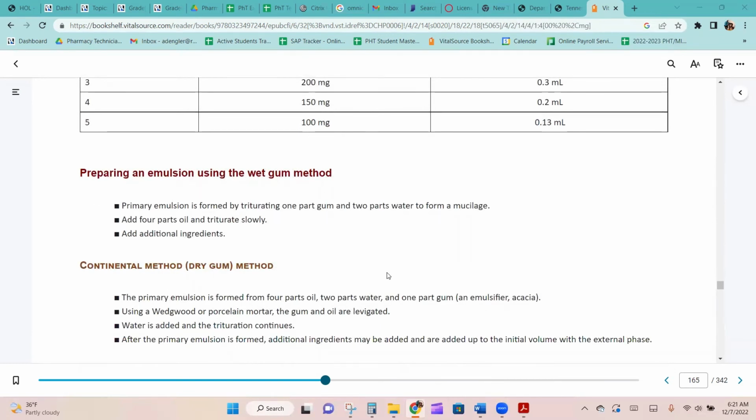Preparing an emulsion using the wet gum method. Primary emulsion is formed by triturating 1 part gum and 2 parts water to form mucilage. Add 4 parts of oil and triturate slowly. Add additional ingredients.